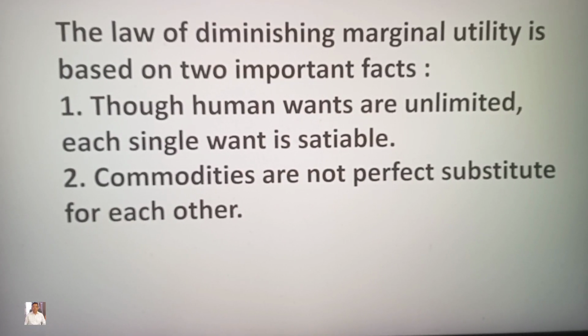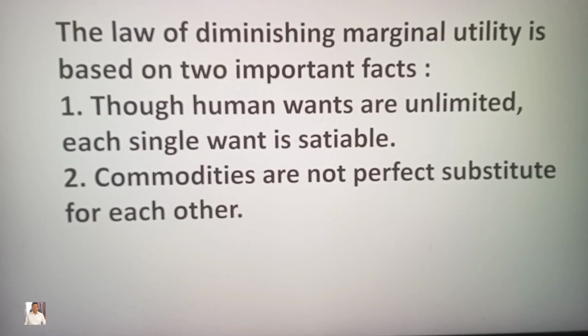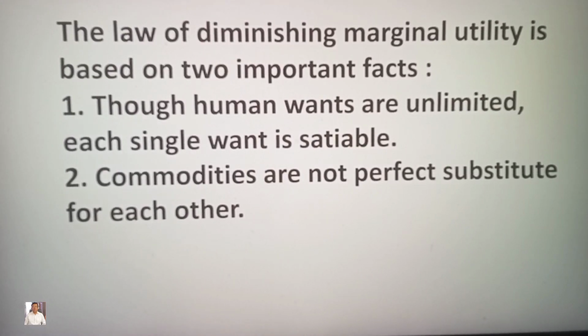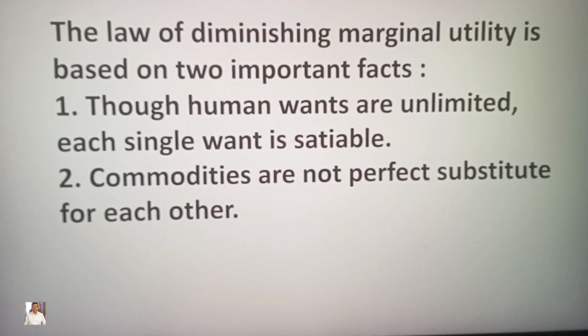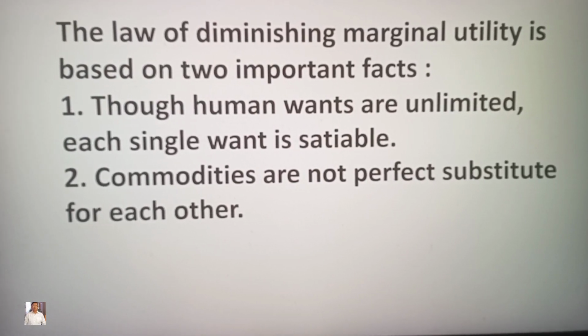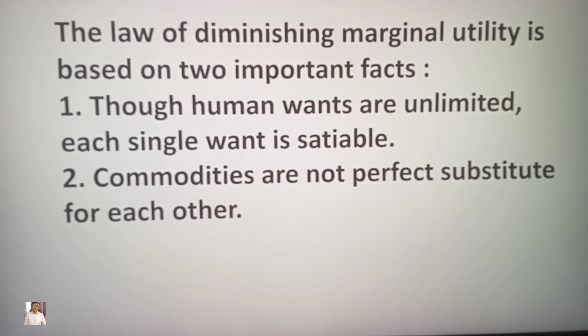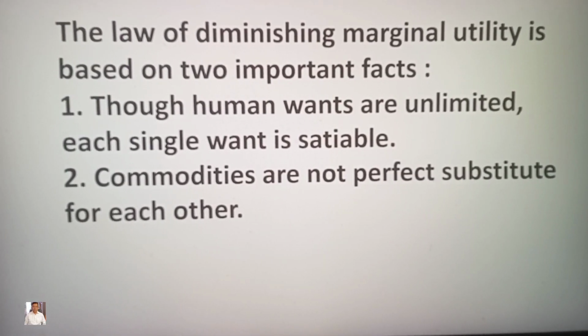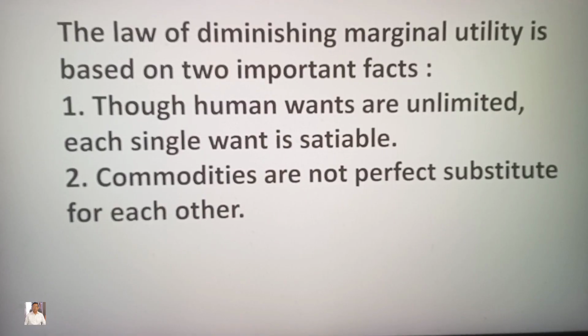In the first fact, when a consumer consumes more and more units of a commodity, the intensity of his want for the commodity goes on falling and reaches a point where the consumer does not want any more units of the commodity. The second fact is that different commodities are not perfect substitutes for each other. Hence, when an individual consumes more and more units of a commodity, the intensity of his particular want for the commodity diminishes.